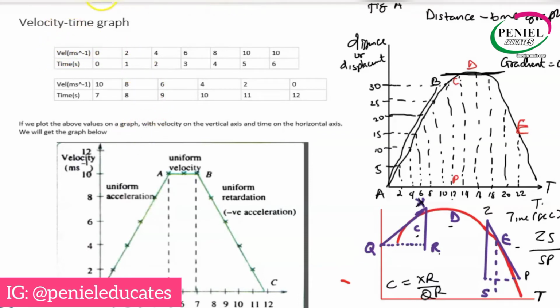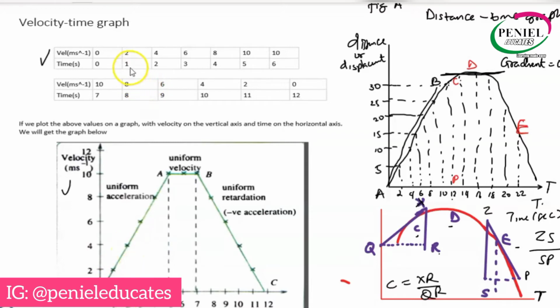If you plot velocity on the vertical axis and time on the horizontal axis, this is what we have as the velocity time graph. You discover that velocity is 0 when time is 0. Once velocity is 2, the time interval is 1. Once it is another 2, that's 4, the time interval is 2.